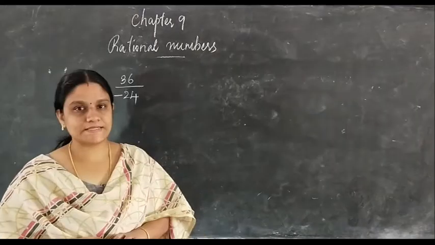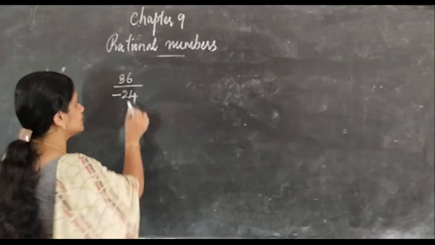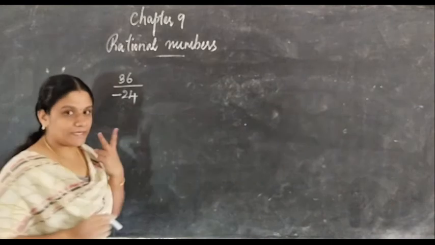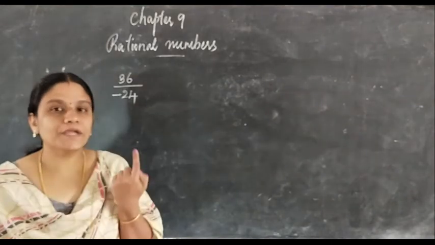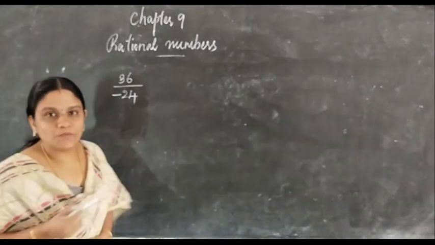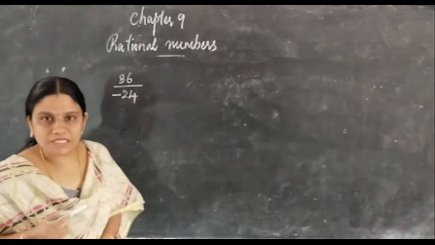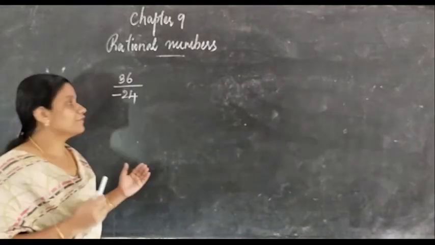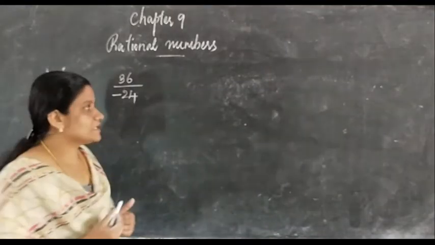Clear? The next question: we have to reduce 36 by negative 24 to its standard form. Two conditions are to be satisfied. The first one is the denominator should be positive. So check here, is the denominator a positive integer? No, it is a negative integer. So we have to convert this into a positive integer.